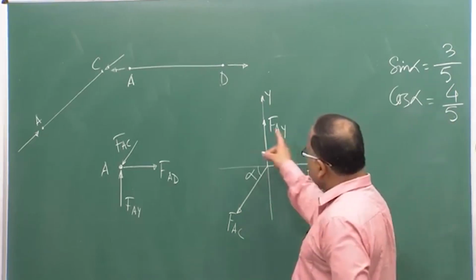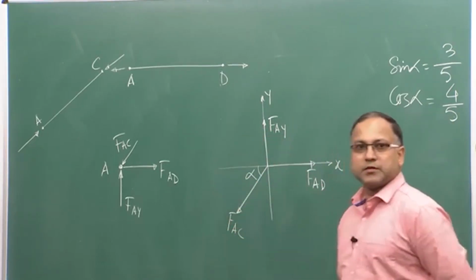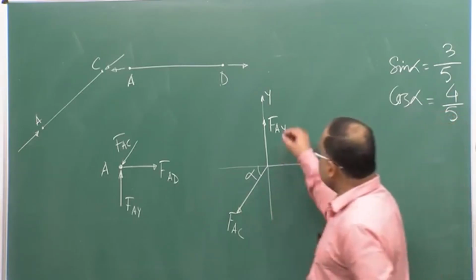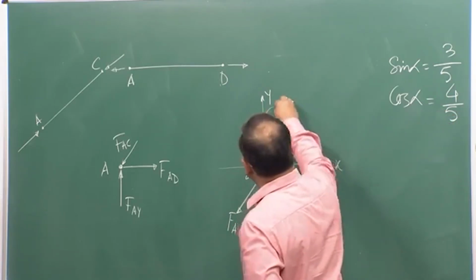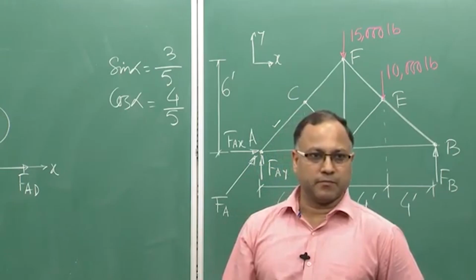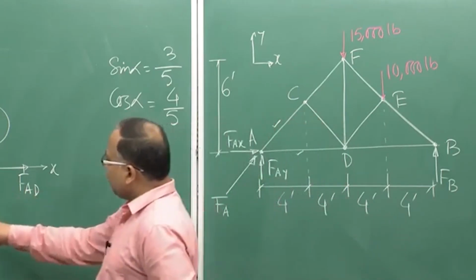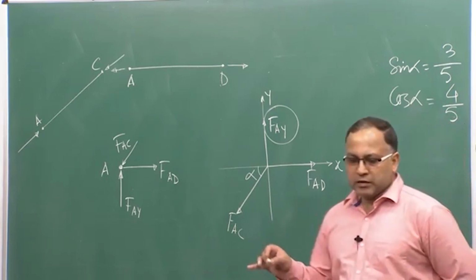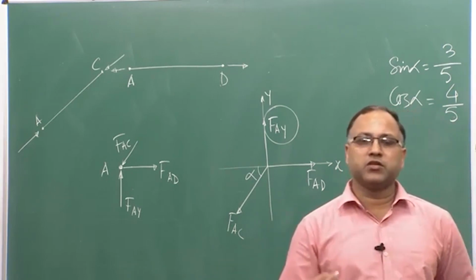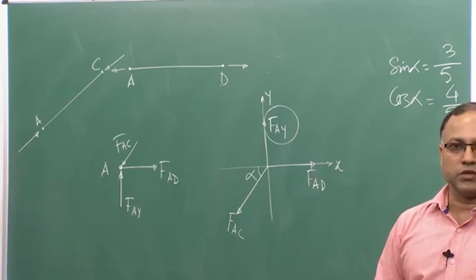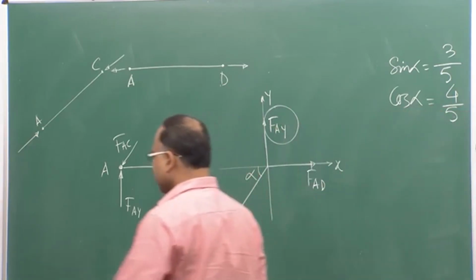And if you look at this force diagram, this force is already known to you, already you have found out FAY, that is the support reaction at A. So, these two forces are unknown. So, just by satisfying your vectorial analysis of force, you can find out these forces. Now, let us see how we can find out.